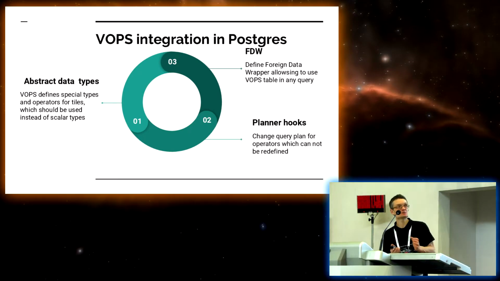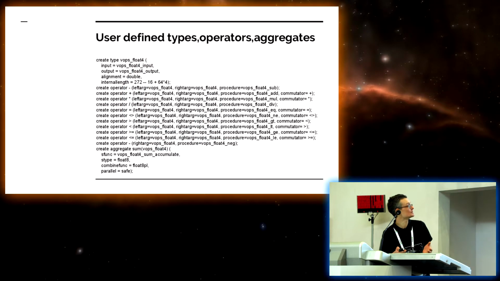So how can we do that? VOPS does it in 3 ways. First of all, Postgres, as I have already said, has abstract data types that allow you to do a lot of things. For example, you can come up with a special type for a tile to work with it just like with ordinary numbers. So instead of writing 2 plus 2, you can write tile plus tile, and then these 100 numbers will be summed with each other, and from the point of view of SQL, it will look like an ordinary query.